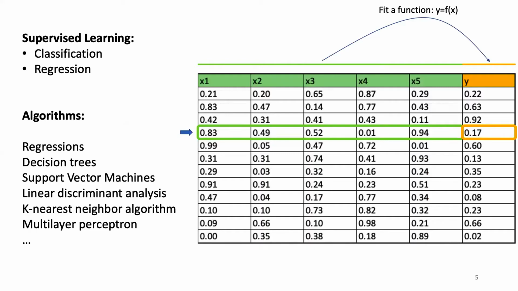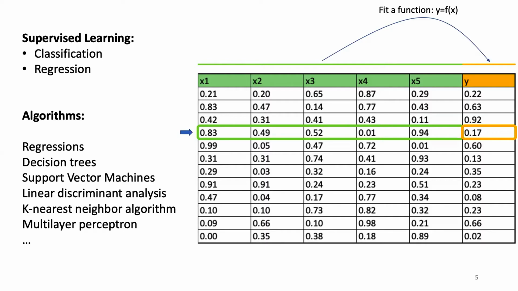It is an area of machine learning where you learn a function that maps an input to an output based on example input-output pairs. So it infers a function from labeled training data consisting of a set of training examples, right? As this one showed in the slides, as you can see.